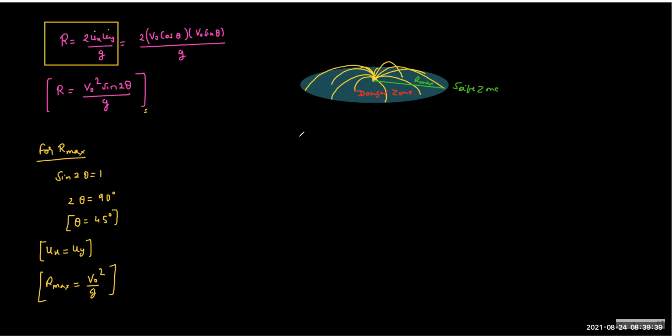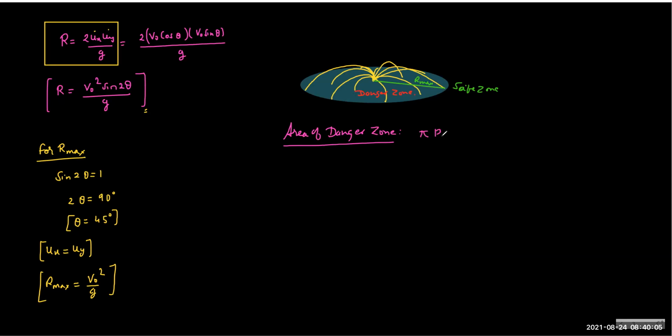So now we can obviously say, what is the area of the danger zone? Tell me, what is the area of the danger zone? Is that a circle? So pi into v naught raised to 4 by g square.